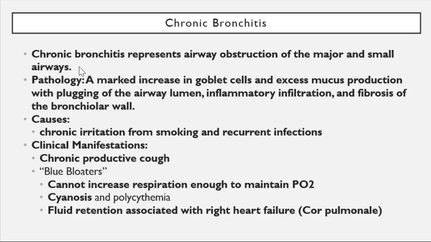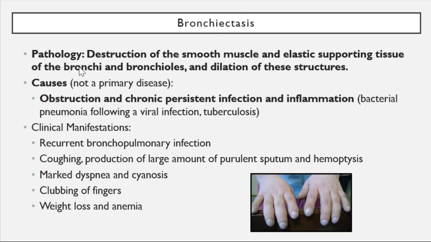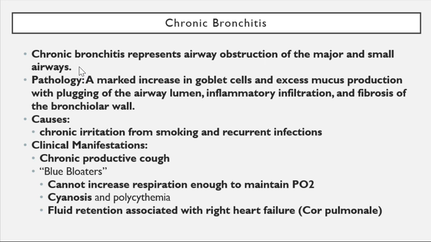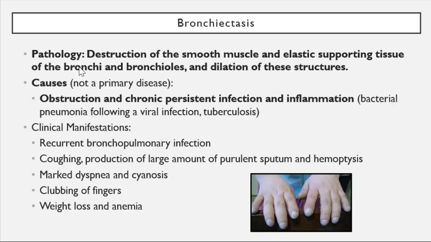So make sure you can distinguish between emphysema and chronic bronchitis. There's also bronchiectasis, where the pathology is the destruction of the smooth muscle and elastic supporting tissue of the bronchi and bronchioles, caused by obstruction and chronic persistence of infection and inflammation.